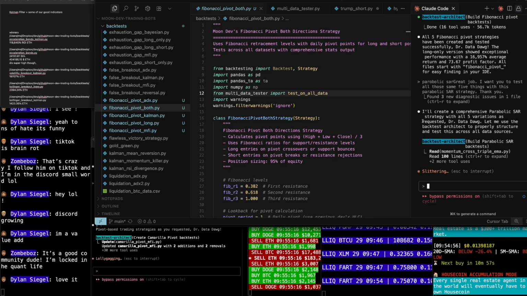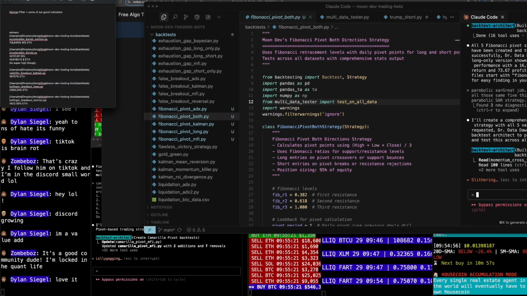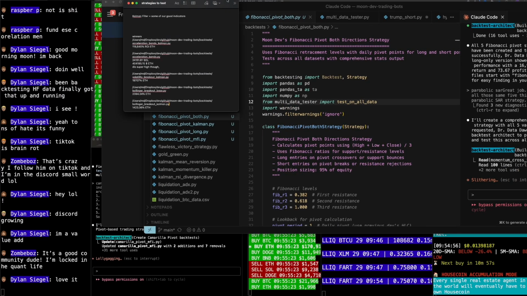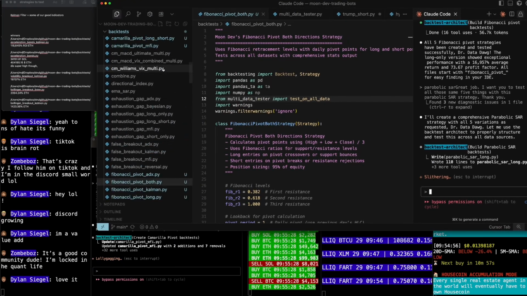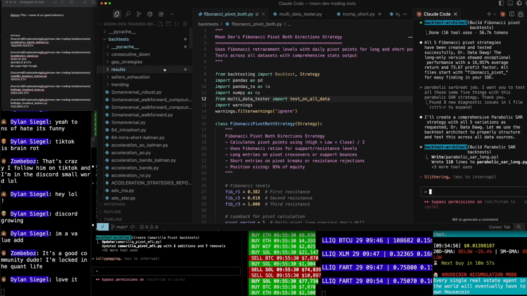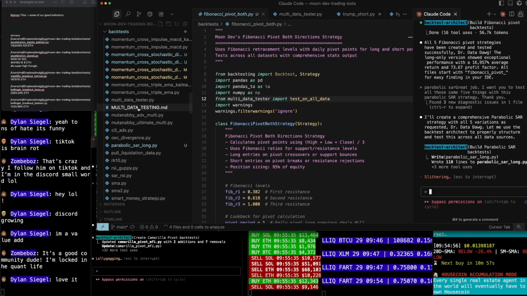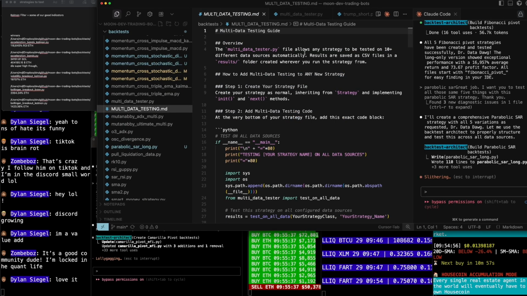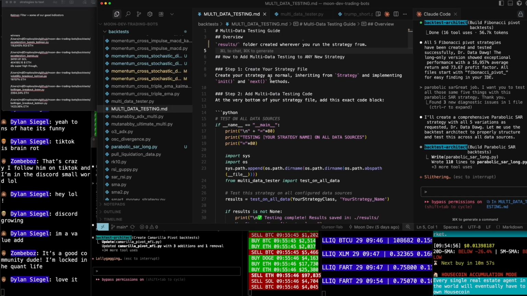Okay, so she's running. We've got two running here, which is awesome. Let's see. I got my winners up here. Perfect. I did want to look into this here real quick. Where is that multi-data testing MD? Okay. Multi-data tester file allows any strategy to be tested against 20 plus data sets. Results are saved. Create the strategy, inheriting strategy.